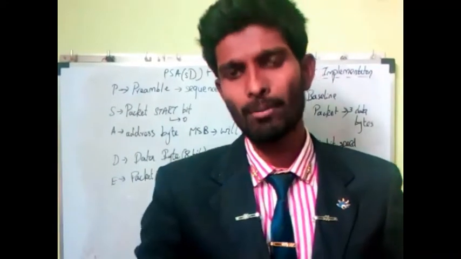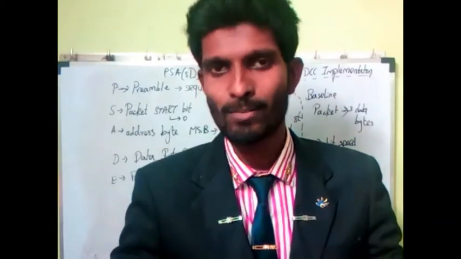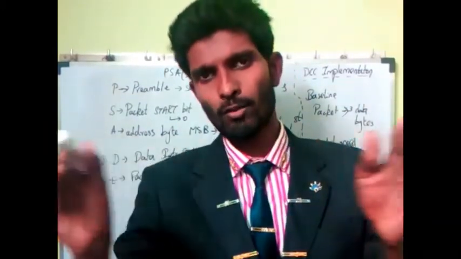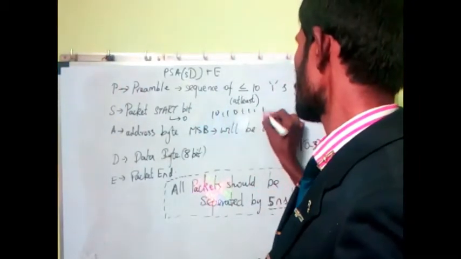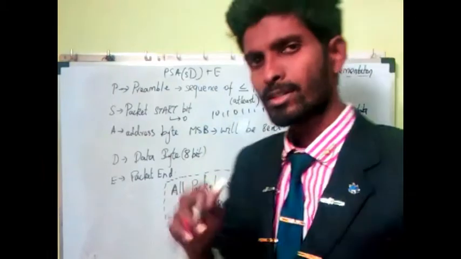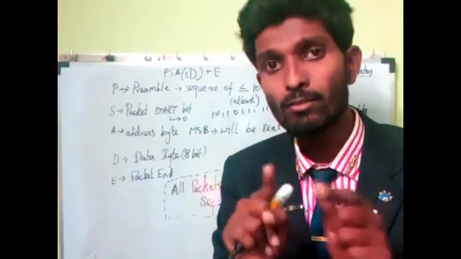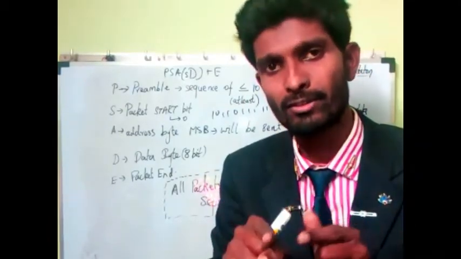In the preamble, at least 10 ones should be available. You can write it in different ways, but if you count the ones, at least 10 ones should be in the preamble. Then only the information is ready and will get passed.